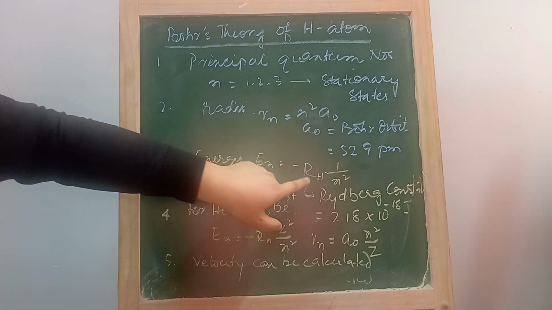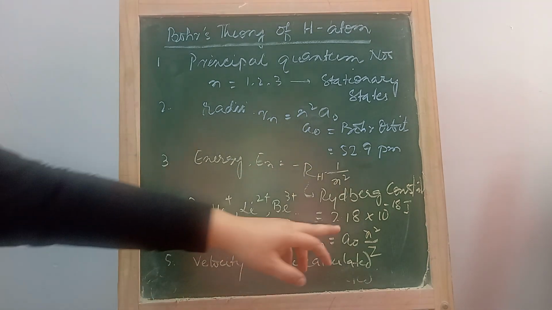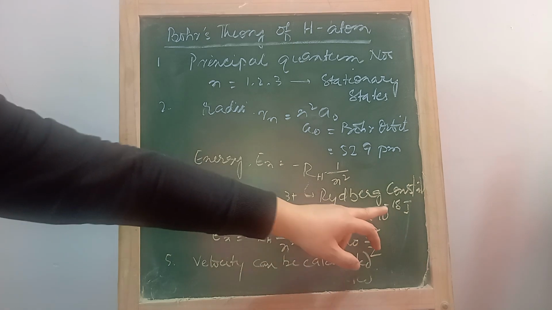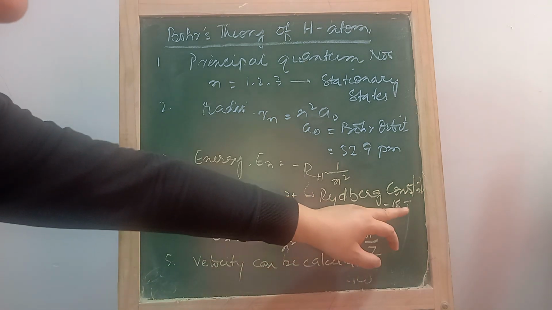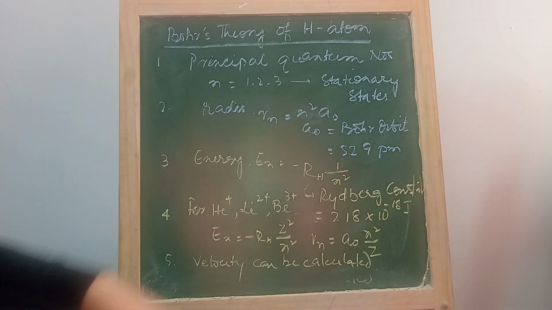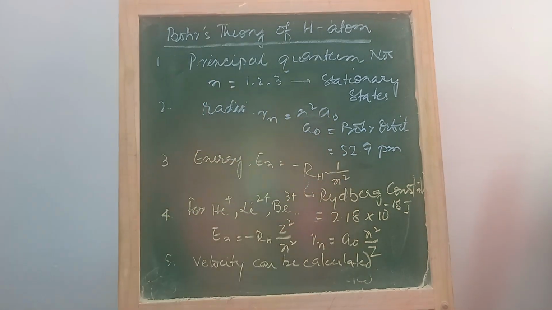It is given by minus RH by n squared, where RH is the Rydberg constant having a value of 2.18 into 10 to the power minus 18 joules. So it's a very small energy, 10 to the power minus 18 joules. It's the Rydberg constant, and the energy varies as per the principal quantum number.